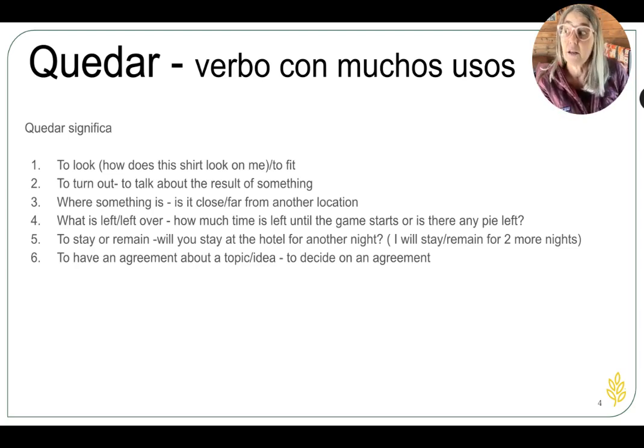So me quedó, it seemed muy bien, or un poco salada la sopa, a little bit salty, or who knows what. Where something is, the distance of it in relationship to something else. Leftover type of thing, or remaining, and also to stay or remain at a place. That's the reflexive construct. And then to be in agreement. Those are the uses of quedar in español.